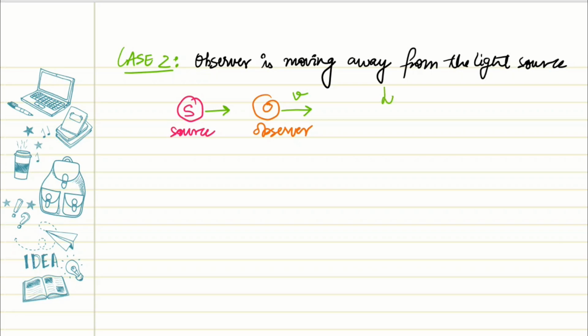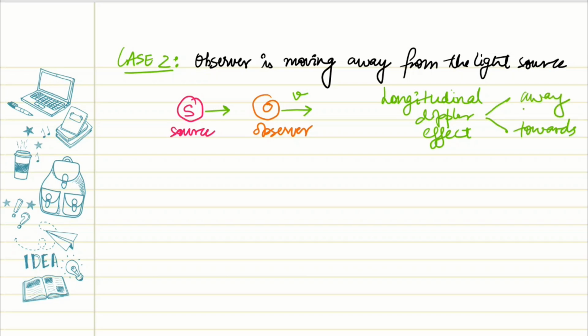So it's a longitudinal Doppler effect. The longitudinal Doppler effect consists of two cases, the away case and the towards case. We are dealing with the away case, and then the third case will be the towards case. So these two would be the longitudinal Doppler effect. The direction of light is in line with the direction of the observer.